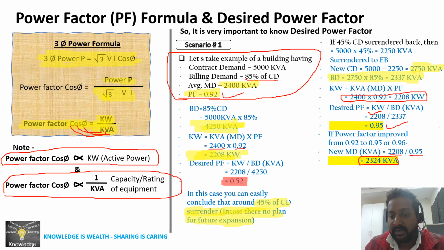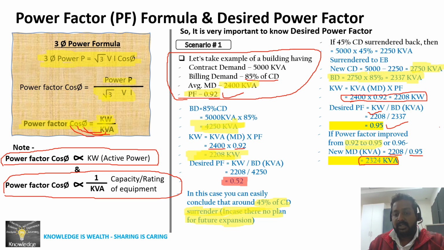By improving the power factor from 0.92 to 0.95, a 0.03 improvement, the maximum demand was reduced from 2400 kVA to 2324 kVA, which is almost equivalent to our billing demand.